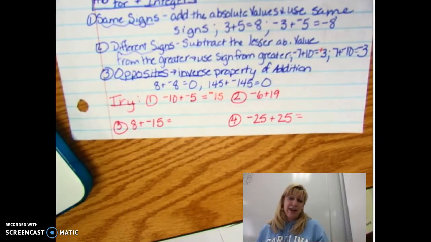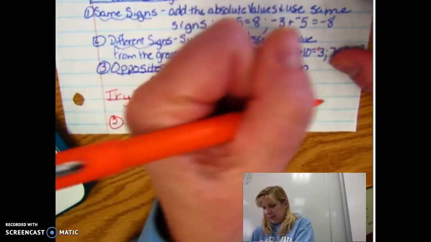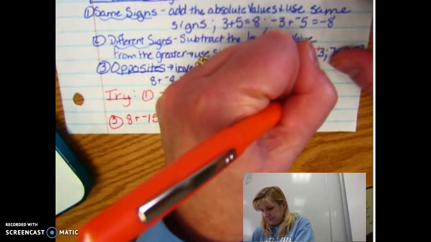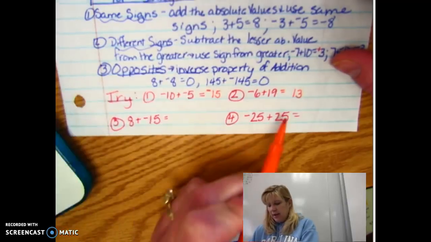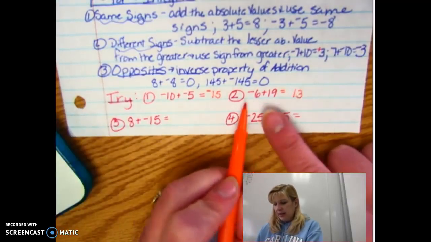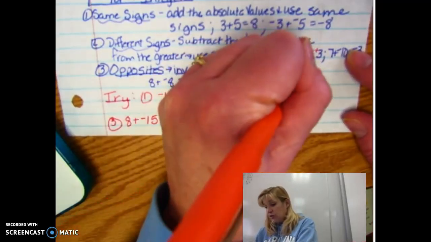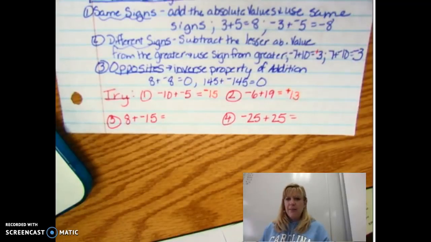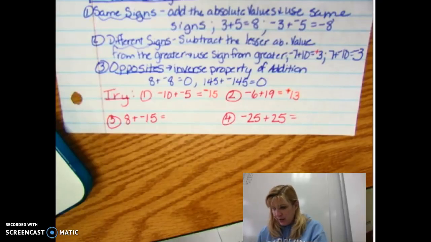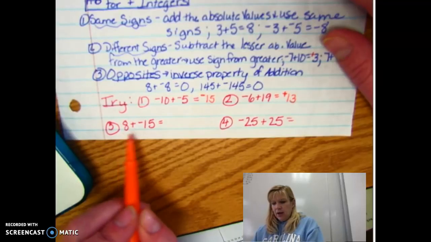So if I find the difference between 9 and 16, I am going to get 13. And then if I look at the absolute value, the 19 wins, so I know it's going to be positive. You do not have to write a positive if it's already positive, it's understood, but I like to do it just because I know that I've already done the battle between the two absolute values and the positive won out.